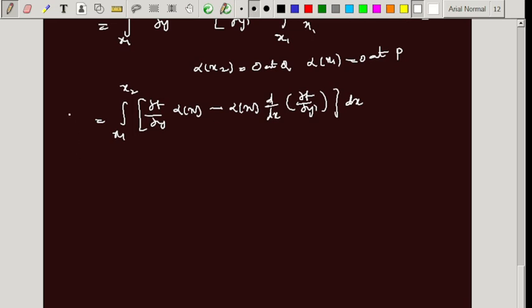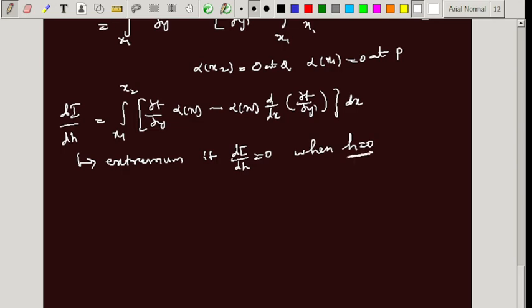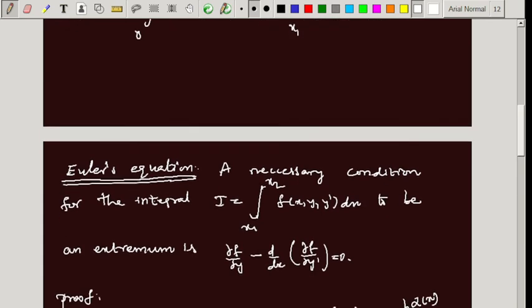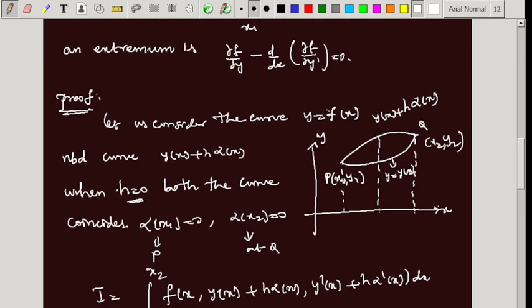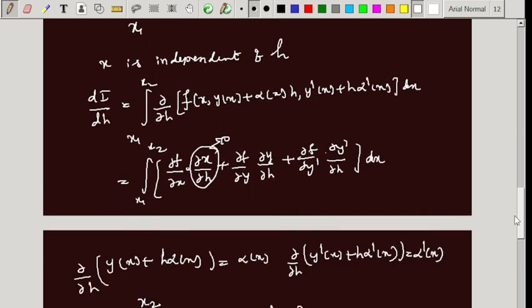So alpha x we can take common, so it is nothing but arbitrary. So here left hand side we have dI by dh. Simultaneously I am writing that this one is extremum, that is minimum or maximum if dI by dh is 0 when h is 0. So already we have discussed that when h is 0, both the curves coincide to find out the maximum or minimum.